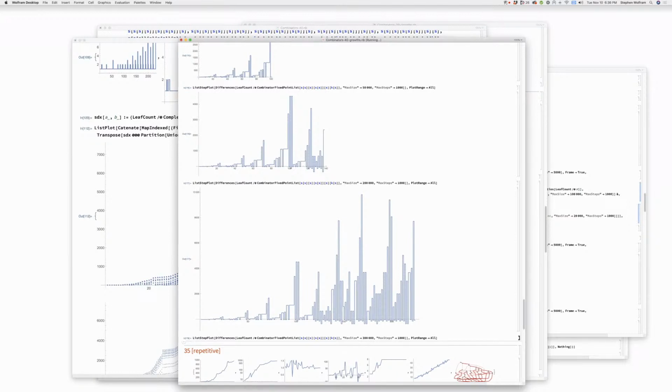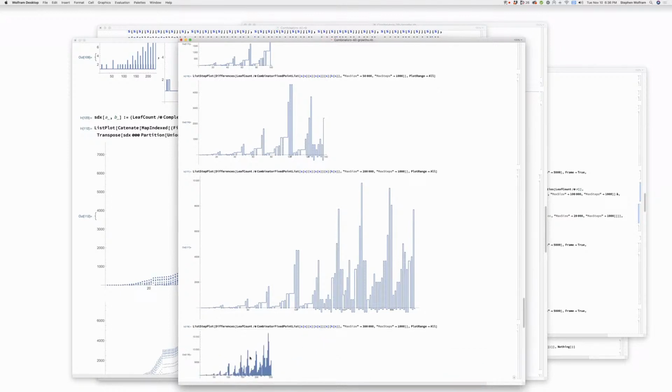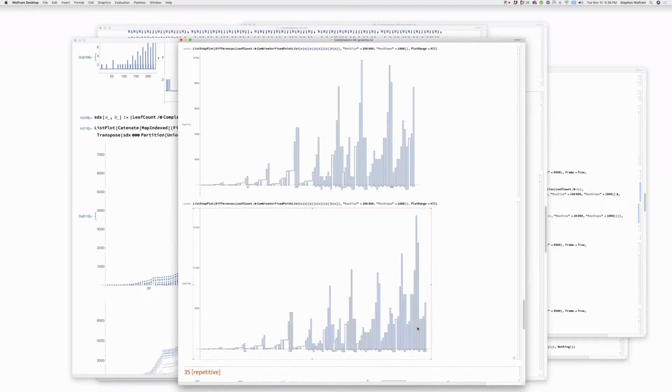I don't think this one's going to resolve. Because with a lot of these, you don't see the behavior until 150 steps or so. That's 250 steps. I don't think this one is going to resolve.